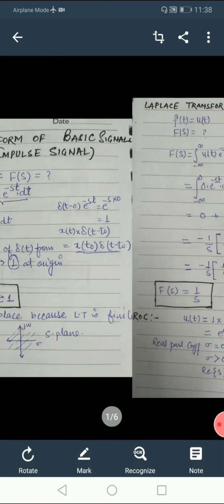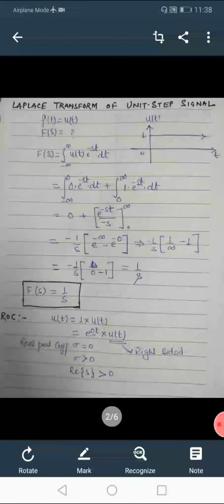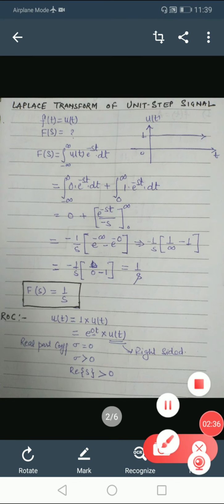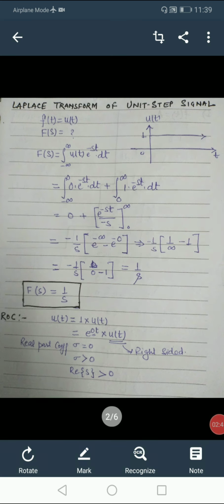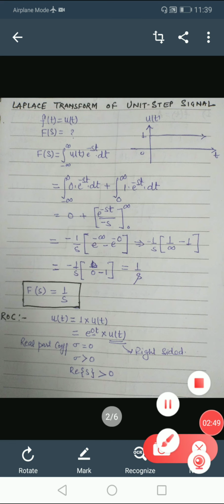Next, find out the Laplace transform of unit step signal. We all know unit step signal u(t) is equal to 1 for t greater than or equal to 0, and 0 for t less than 0. Basic definition: F(s) is equal to integration u(t) e to the power minus st dt.